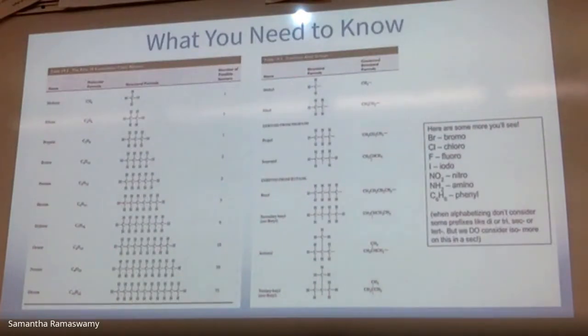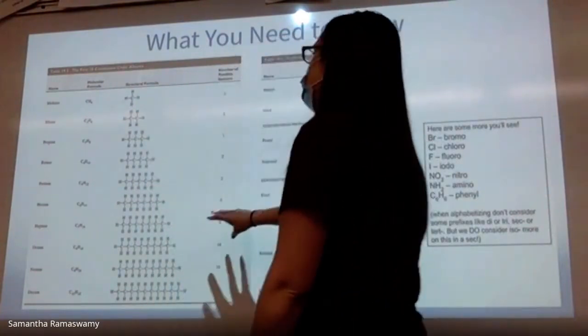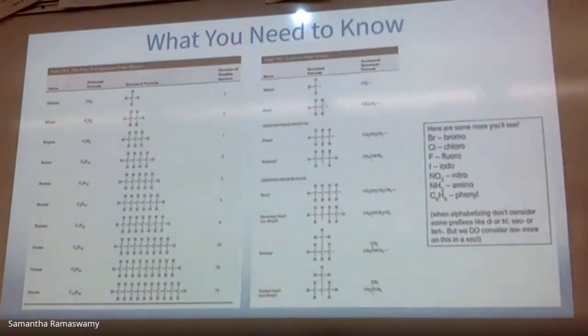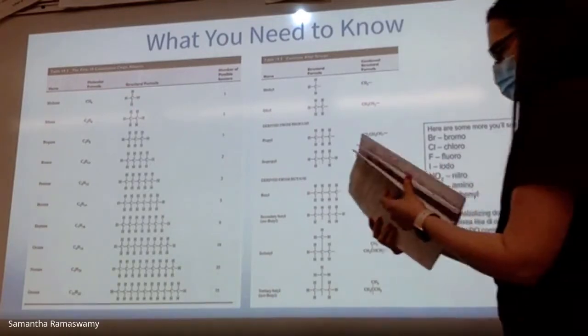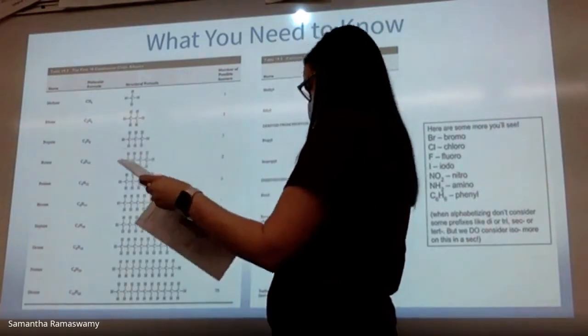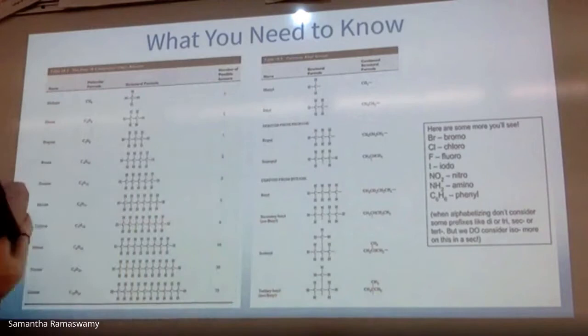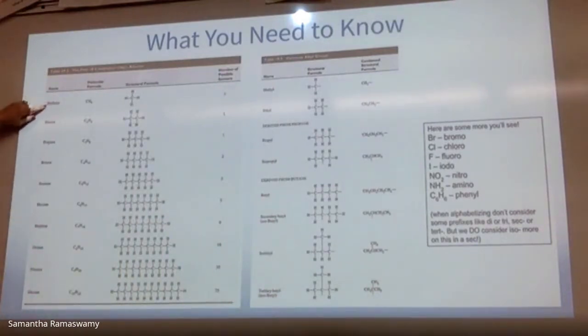So kind of a what you need to know. There were some questions from the video on the prefixes as well as what a substituent is. This alkane table is on page 8 of your notes. You need to know these prefixes. So meth, right? That is 1. Methane is 1 carbon.